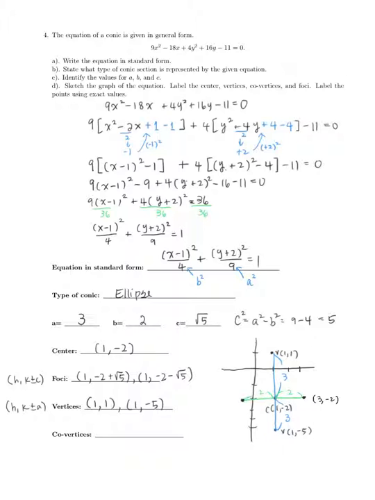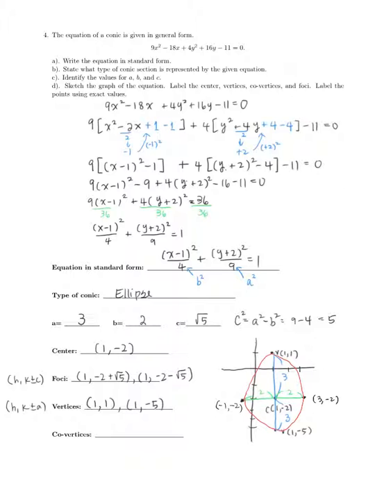And if I go to the left, I'm going to go 2 units to the left, so it looks like negative 1 comma negative 2. So that's going to be our co-vertices. The picture, the ellipse, is going to look something like, oh my goodness. Pretend that it is an ellipse.